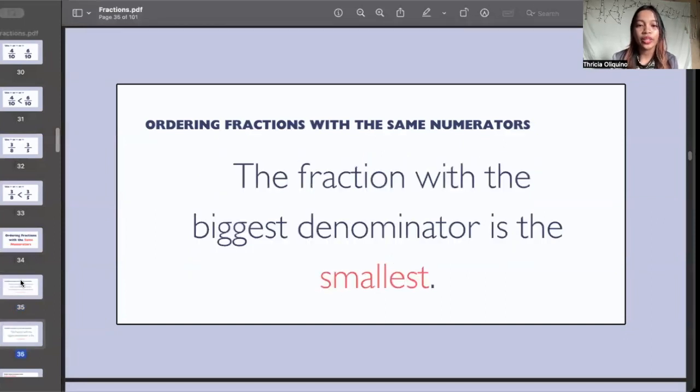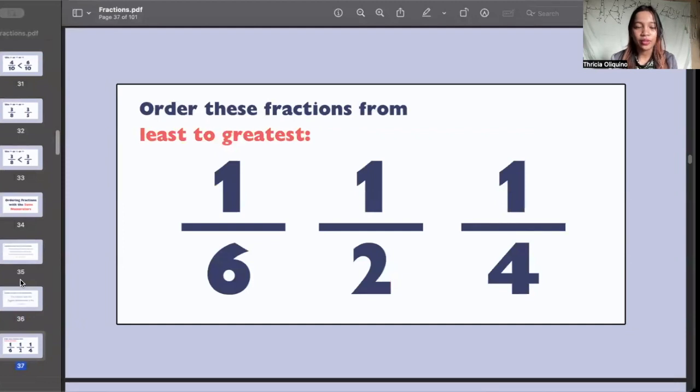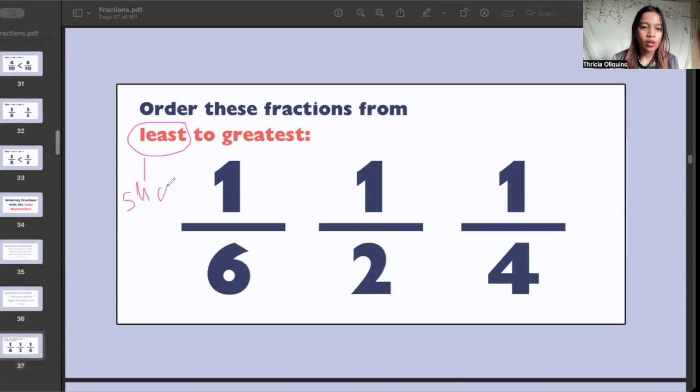Again, when we are dealing with fractions with the same numerators, the fraction with the biggest denominator is the smallest, like this one. So if we're going to order these fractions from least to greatest, by least, we are talking about the smallest.